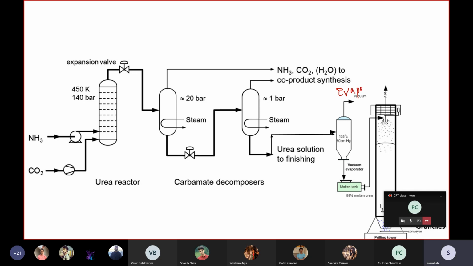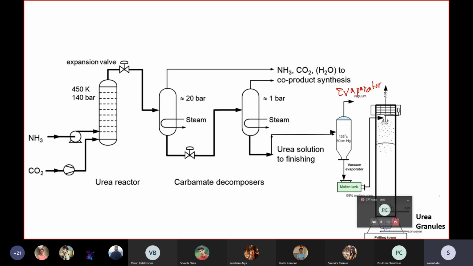You might have learned about this evaporation process either in a heat transfer course or in process equipment design. It is just a typical heat exchanger with vacuum applied. Usually this vacuum evaporator operates at 660 centimeters of mercury vacuum. After this evaporation, you will get the molten urea.